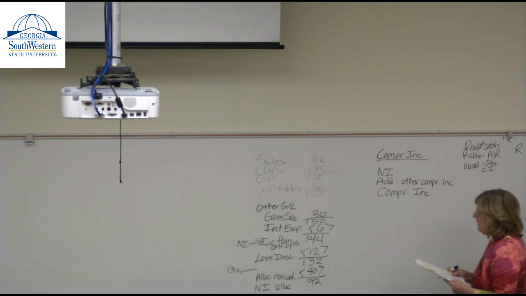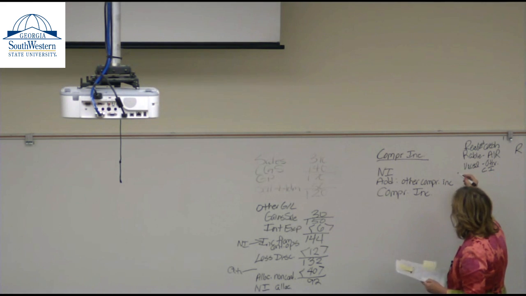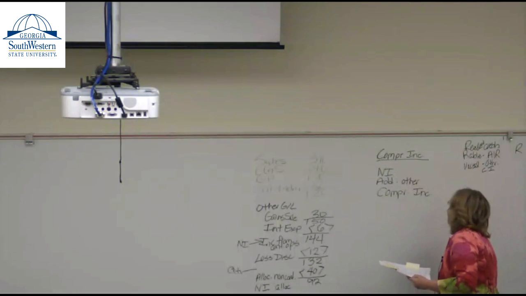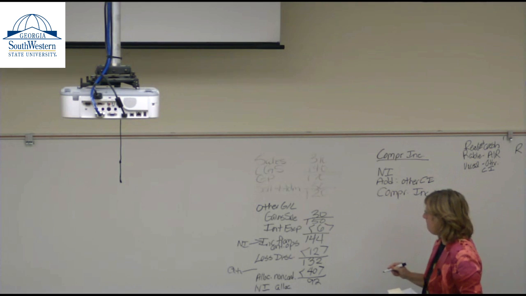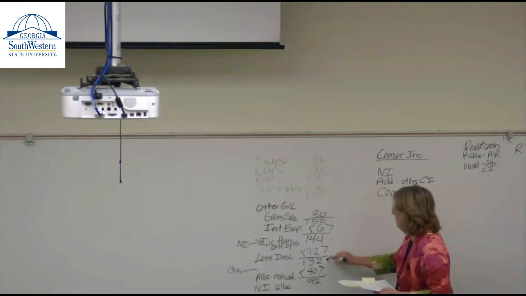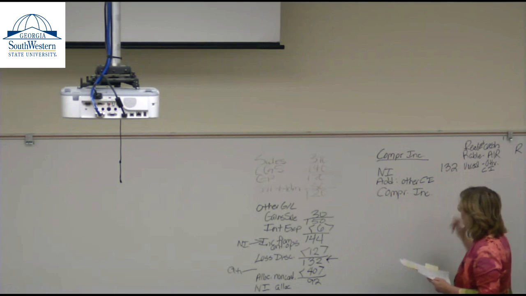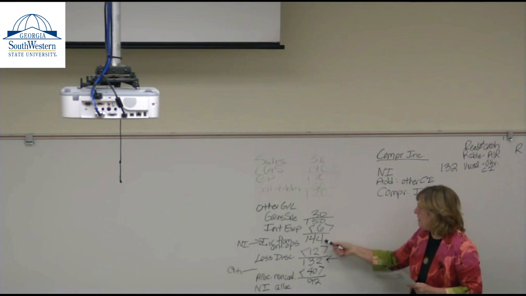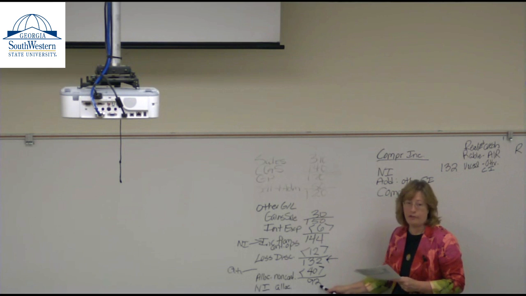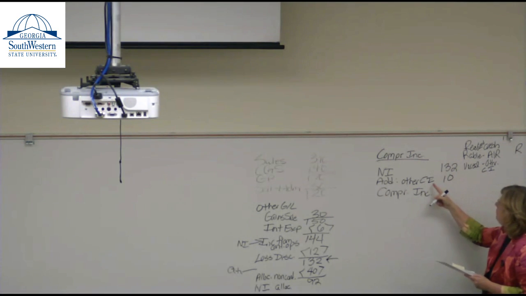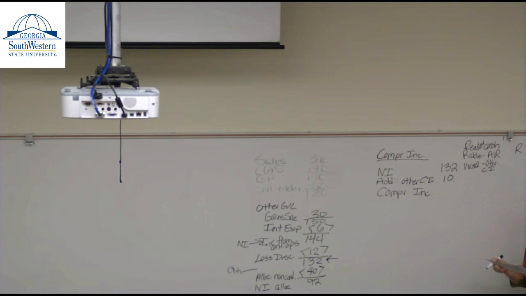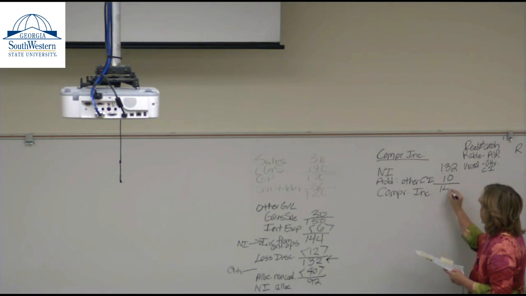So we take our net income, okay, our net income was this number, 132. This number, because this is our total net income before subtracting out the other guys. So we take that number, 132, and add our other comprehensive income to get our comprehensive income.